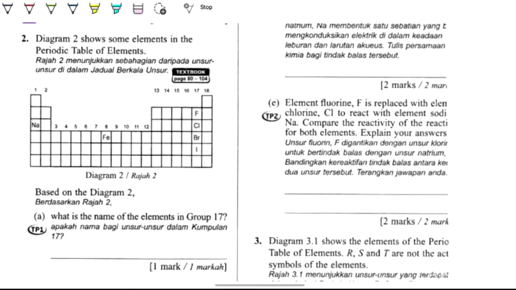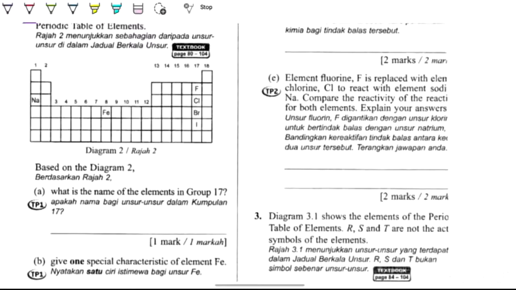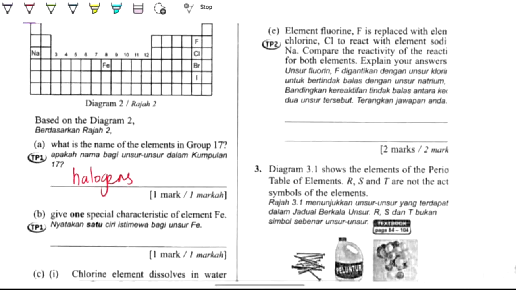Question number 2. Diagram 2 shows some elements in the periodic table. What is the name of the elements in group 17? Group 17 is called the halogens. Give one special characteristic for the element iron.